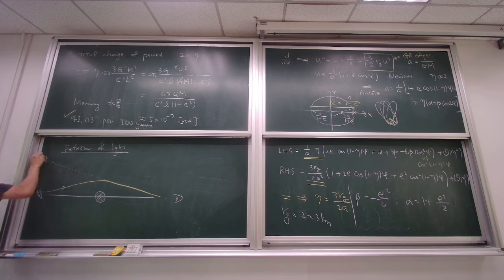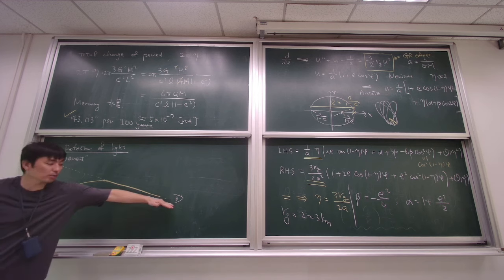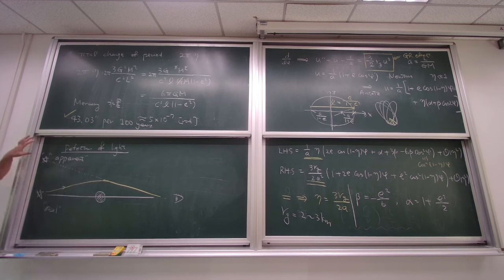This is the apparent position, and this is the real position. So this is the effect of gravity. Light will be bending so that the star looks like it is sitting here, but in fact the position is different.